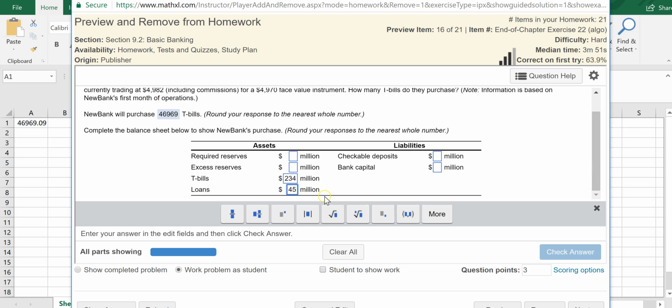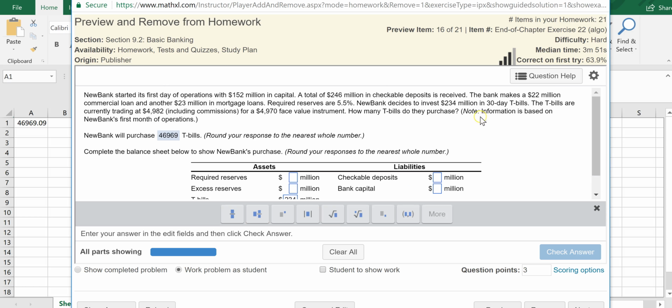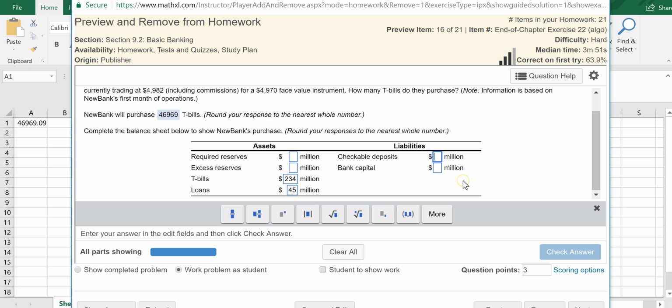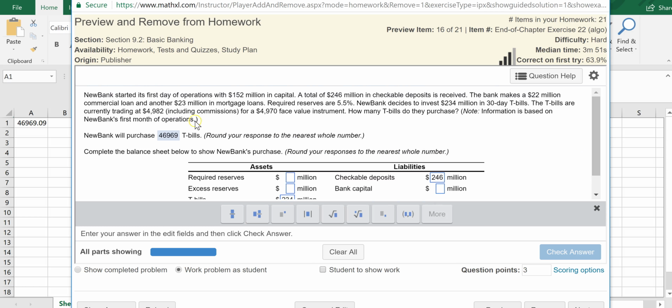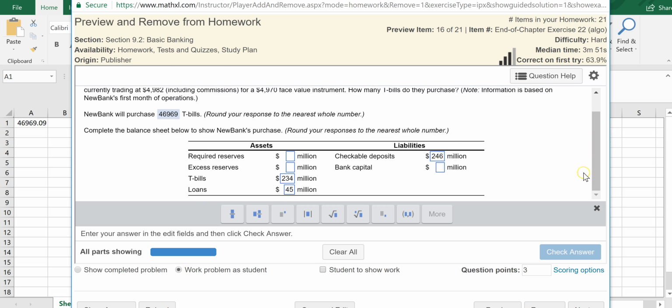That's 45. And then checkable deposits, that's also directly provided, a total of $246 million in checkable deposits. So 246. And capital, that's also directly provided. Capital is $152 million in capital, 152.